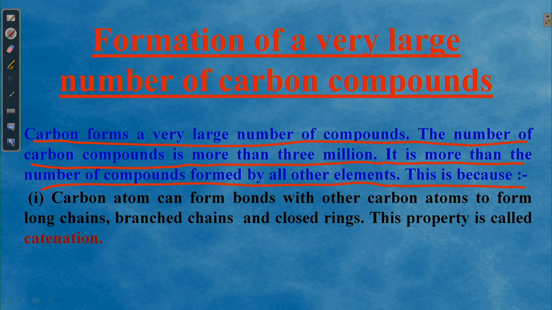This is because a carbon atom can form bonds with other carbon atoms to form long chains, branched chains and closed rings. This property is called the catenation property.